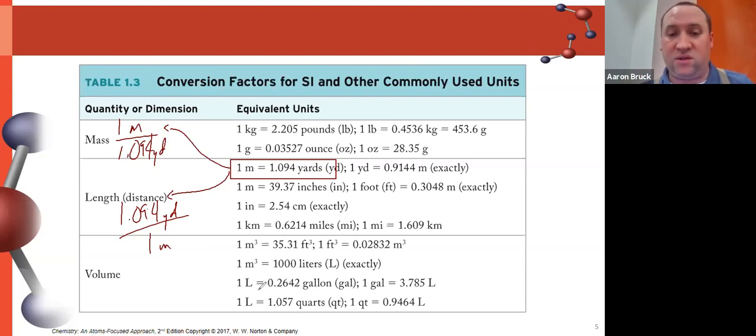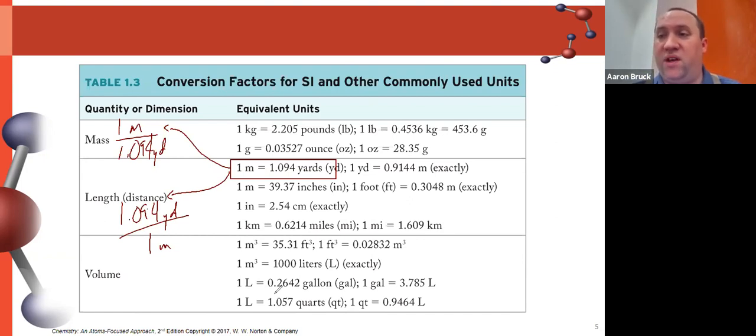Now, this table will be provided to you for all of your quizzes and all of your exams for anything that we do in this course. You are not responsible for having to know the conversions between any of these units and each other. However, the same cannot be said for the metric prefixes that we looked at in lecture number 2.